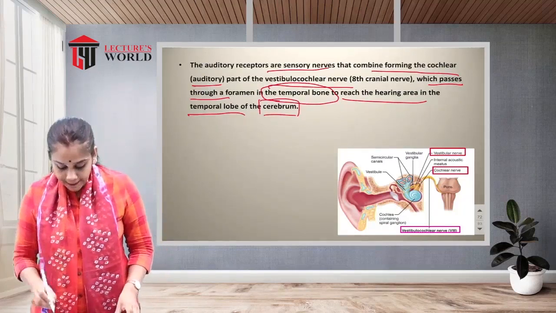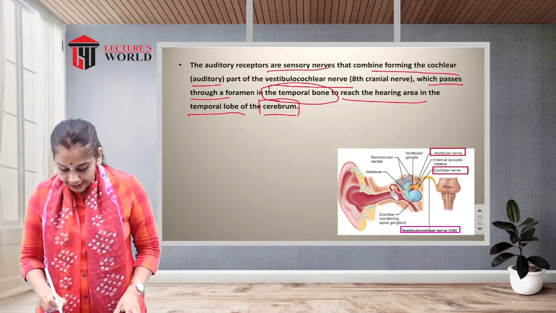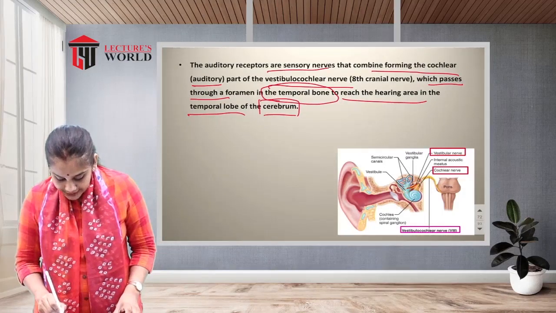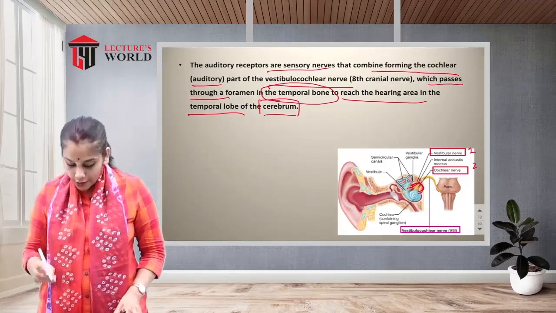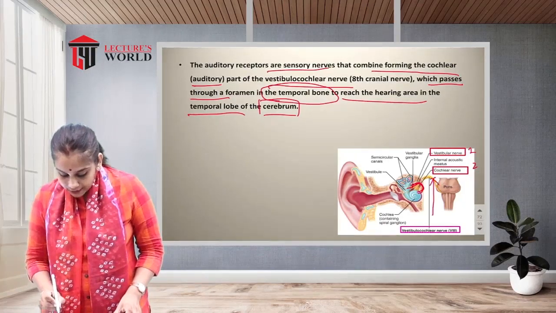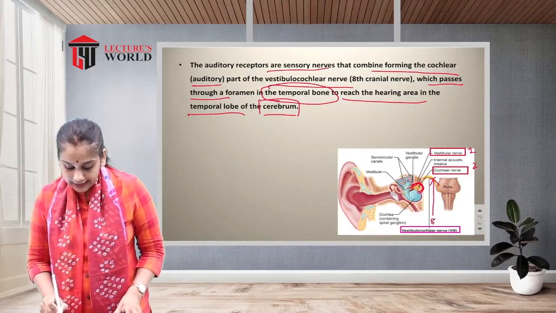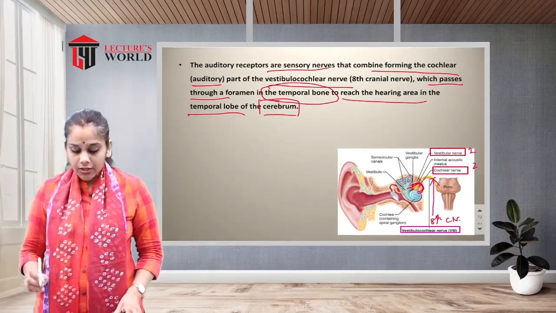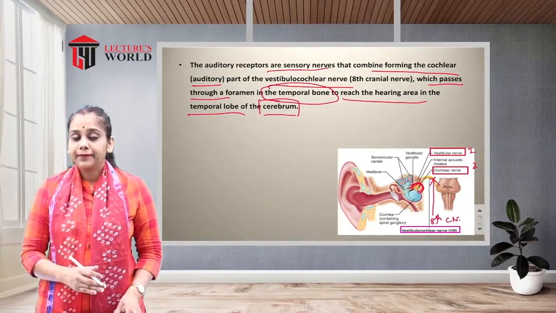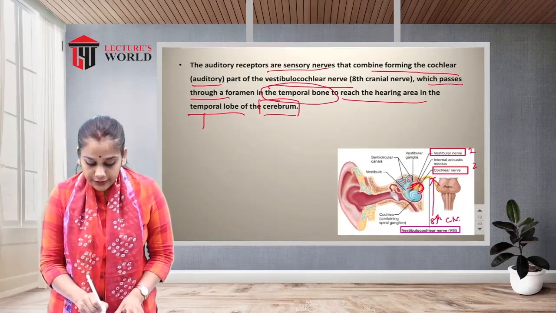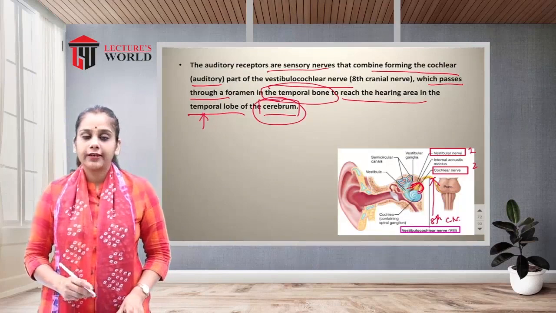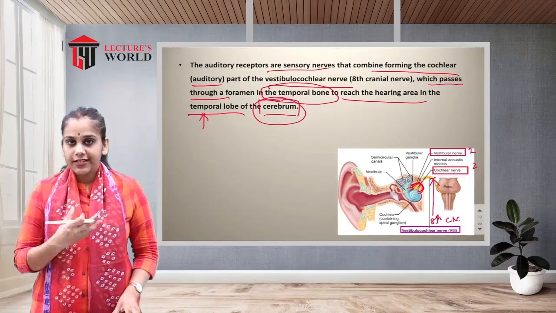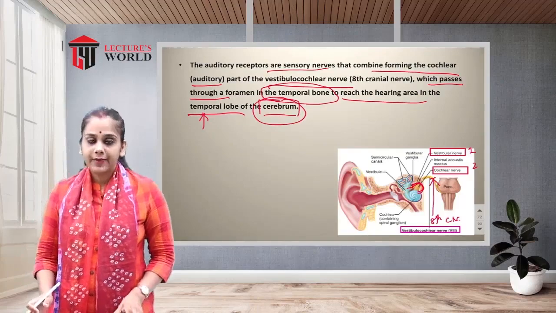So the vestibular nerve and cochlear nerve merge and go through the foramen of the temporal bone, and become the vestibulocochlear nerve, the 8th cranial nerve. By this nerve, the impulses go into the temporal lobe of the brain, into the cerebrum, into the auditory area of the brain. These types of impulses are transmitted to the brain.